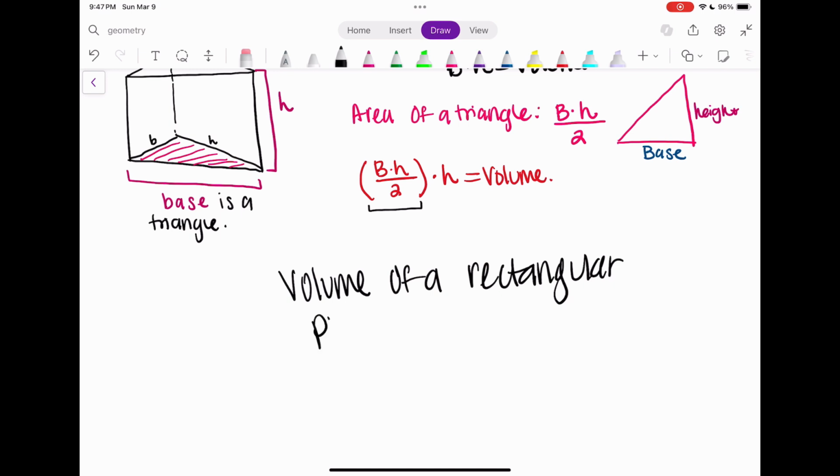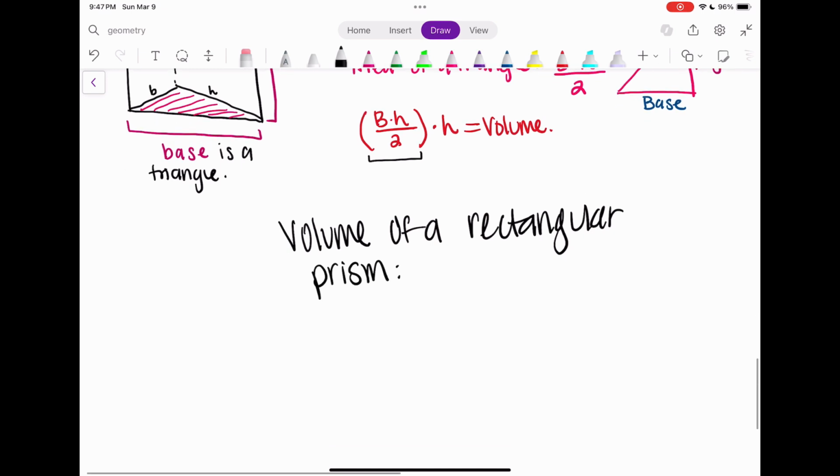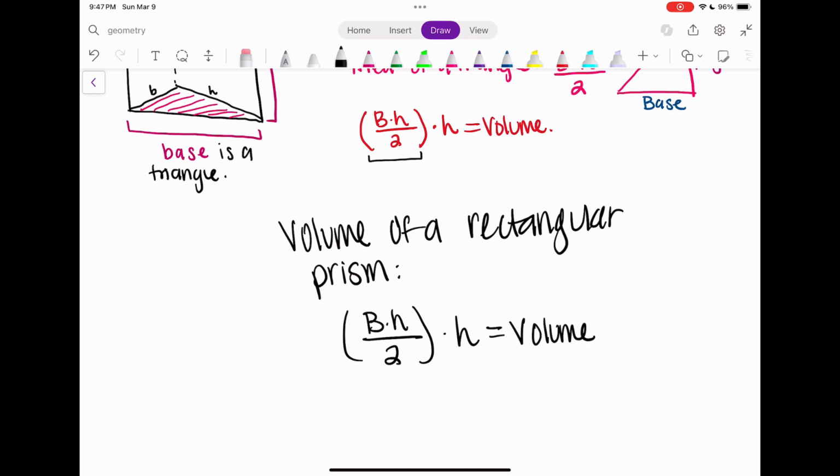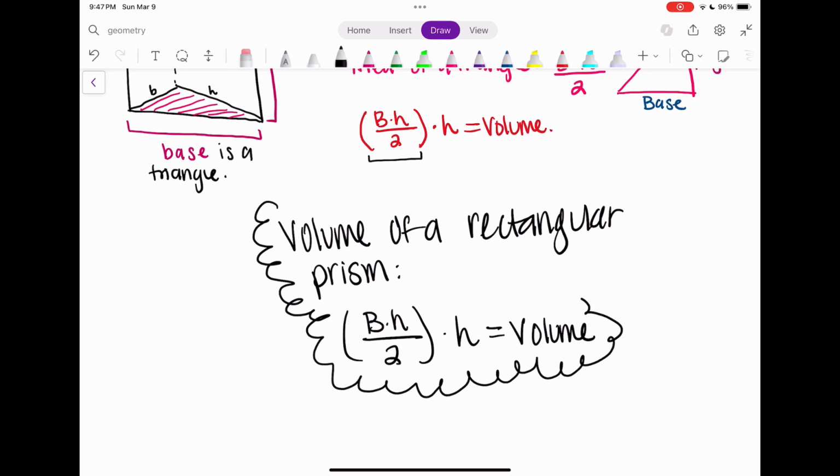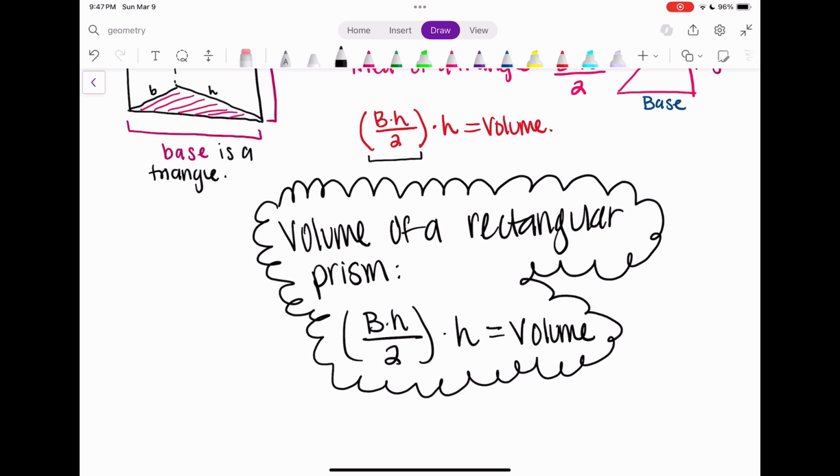So the volume of my rectangular prism is going to be base times height divided by 2 times height is equal to volume. There's 2 H's. We just need to be careful which H we plug in into which H. Again, with practice, I hope that this just becomes second nature to us.